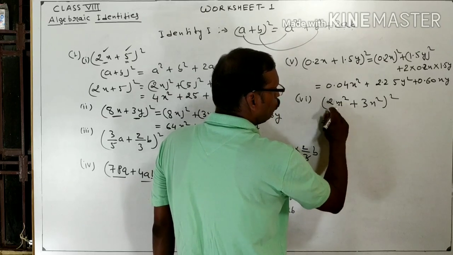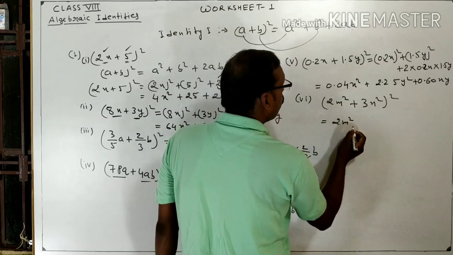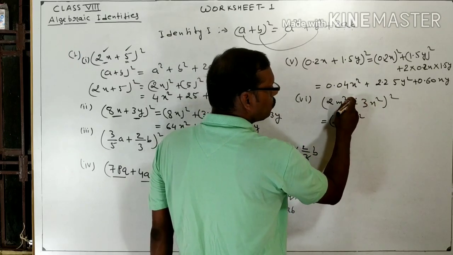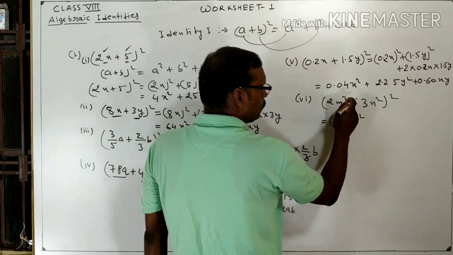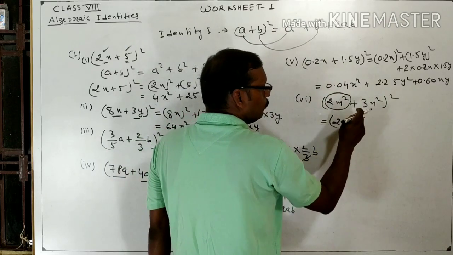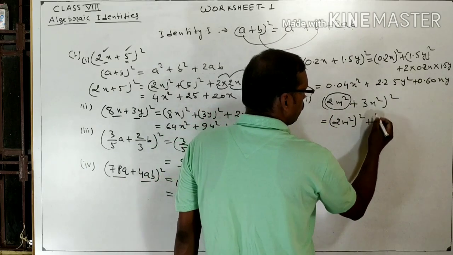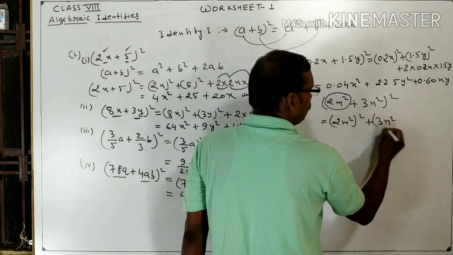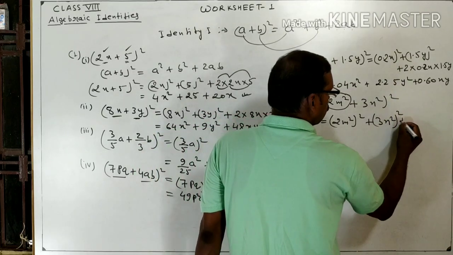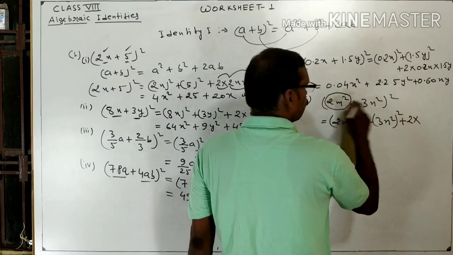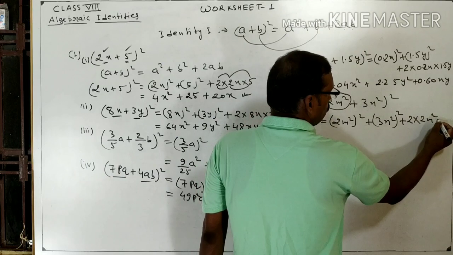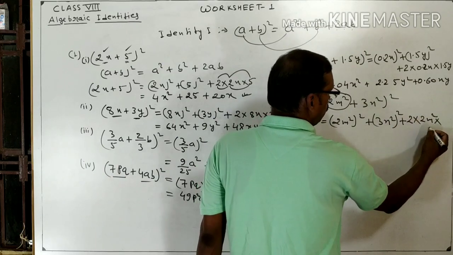In place of a we have 2m square. So the square of 2m square has to be done separately, don't think that the same square will do the work. 2m square is the first number, so write down the first number and put a square on it, plus the second number 3n square, square of 3n square, plus 2 into first number, what is the first number, 2m square, it is given in the question, into the second number 3n square.